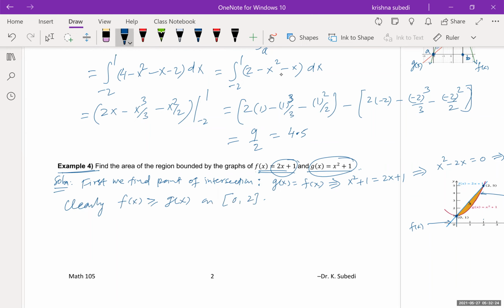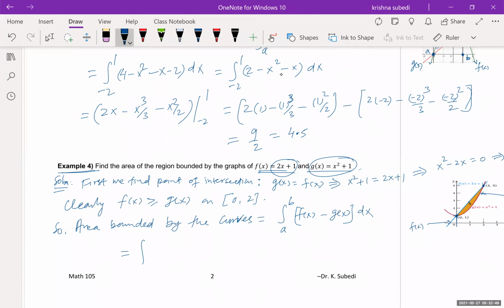We know that. So the area bounded by the given curves equals the integral from A to B of f of x minus g of x dx.